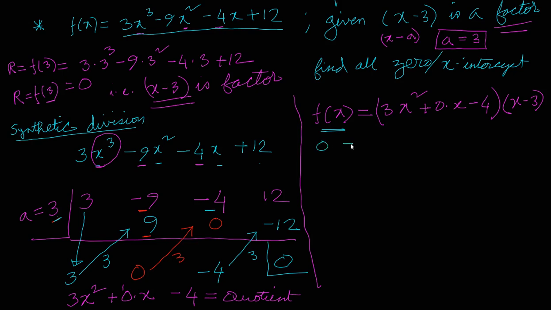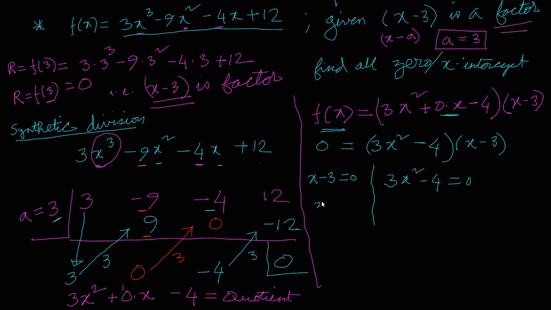So 0 equals 3x square minus 4, and I don't write 0x, so it is gone, multiplied by x minus 3. I can write x minus 3 equals 0 and or 3x square minus 4 equals 0.